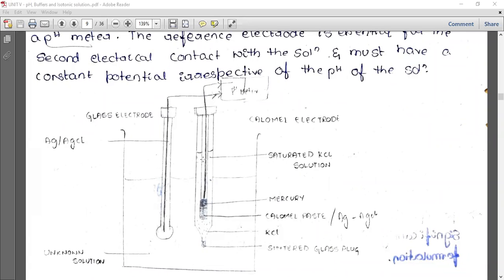Both of these are connected to a pH meter, which is finally connected to a digital display. Okay, so these two are electrically connected. As we know, this particular glass is a special glass which will allow the movement of H plus ion through it. Understood the construction?